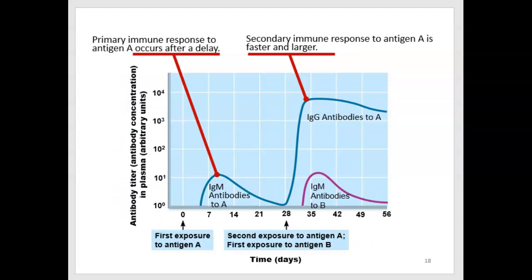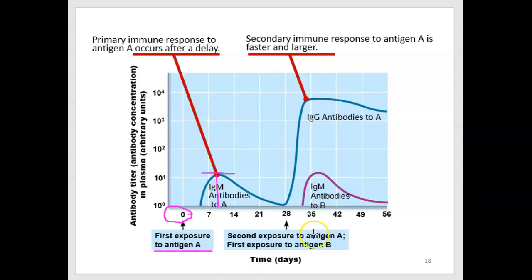So let's first consider the first exposure to an antigen that we're going to call antigen A. And this first exposure occurs at time point 0, right there. By 10 days, I'm estimating that that's 10 days, the amount of antibody in the plasma that's specific for this A antigen increases tenfold. And it maxes out as well.